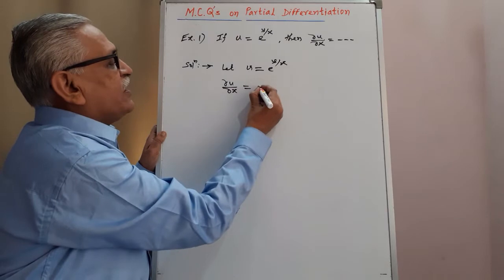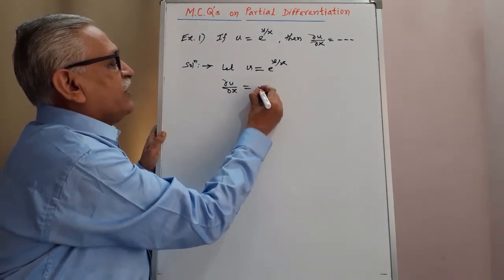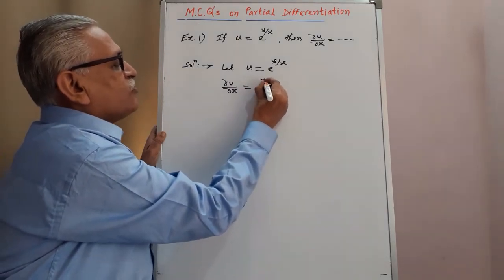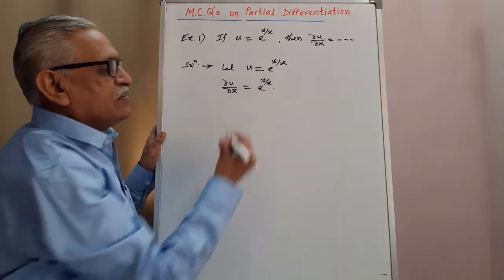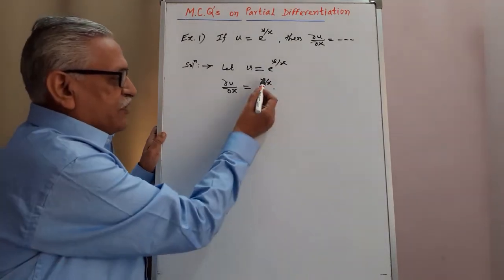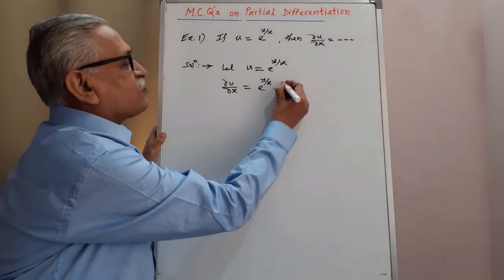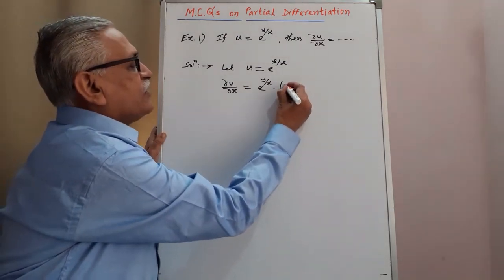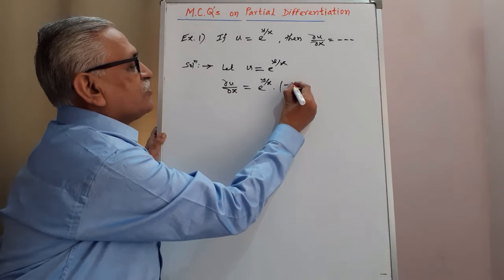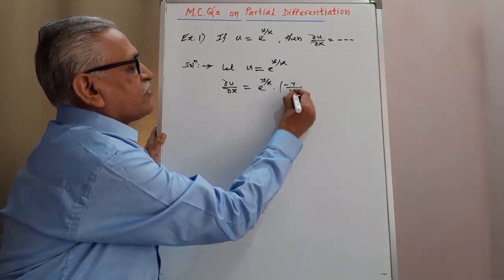Derivative of e raised to ax is e raised to ax into a. It is e raised to y by x. Applying chain rule, differentiation of 1 by x with respect to x is minus 1 by x square. Therefore, it is minus y by x square.